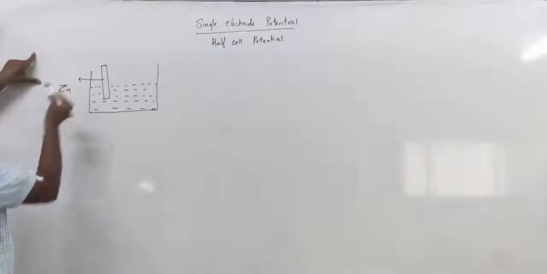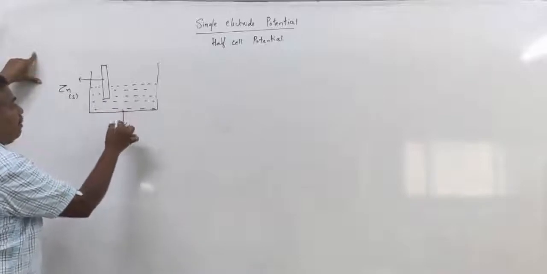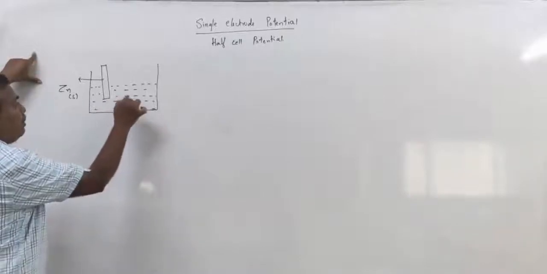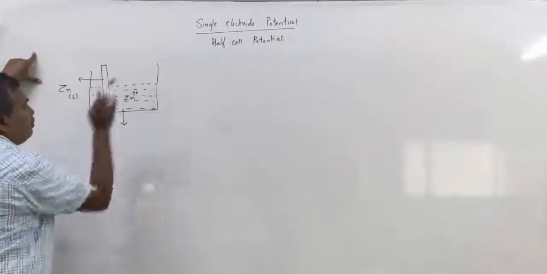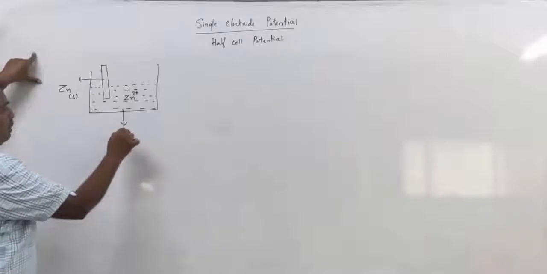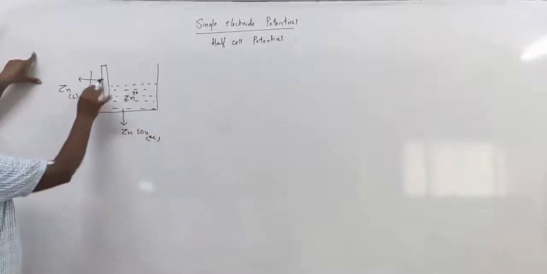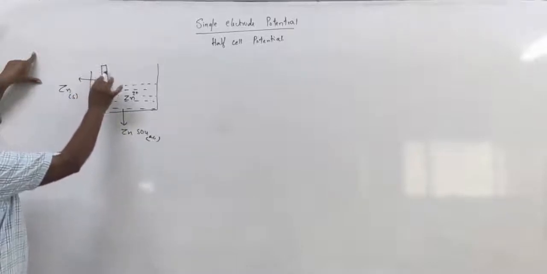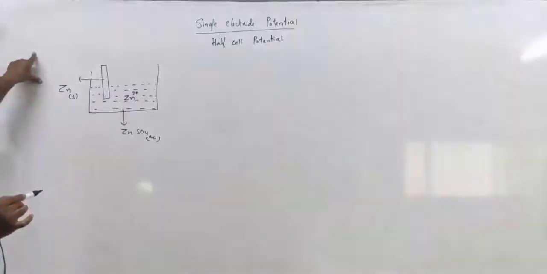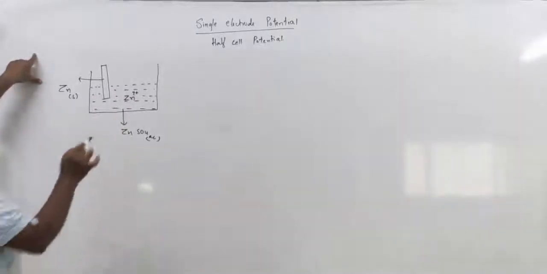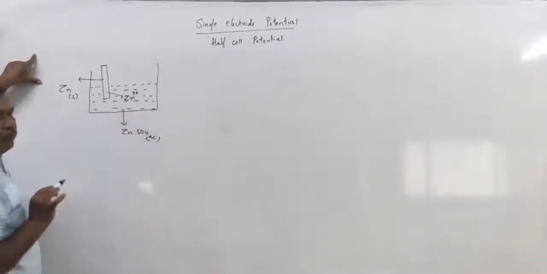It is a zinc rod, right? Zinc rod is in contact with its own ion, Zn2+ ions. Let us suppose that it is ZnSO4 solution. Zinc atoms on the surface of the rod are in contact with its own ions.